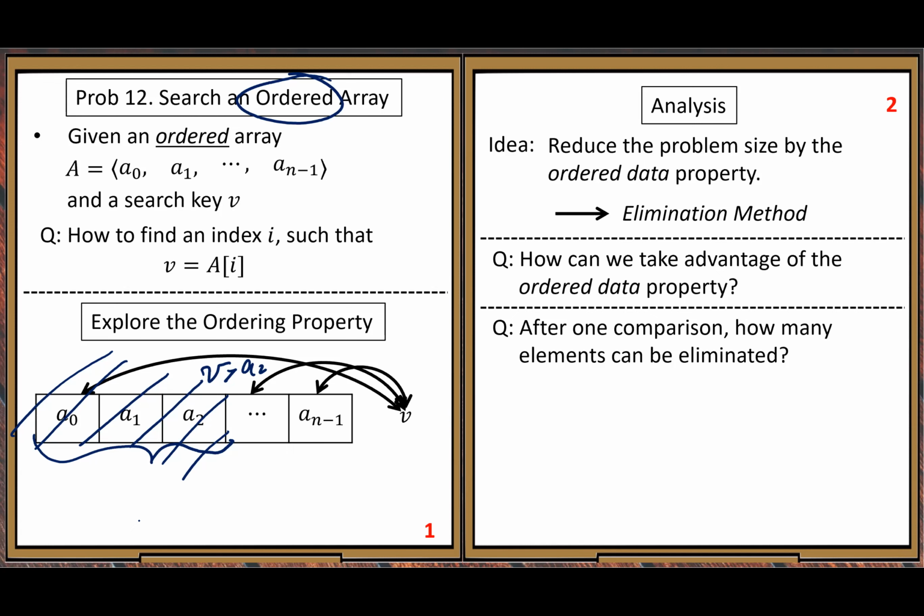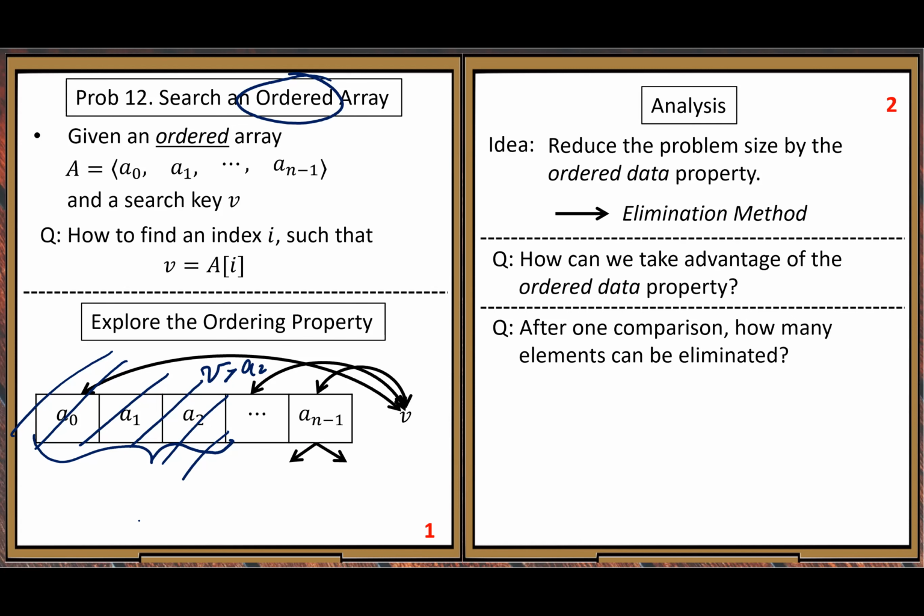Yeah, the one in the middle, because sometimes you can eliminate the left half, sometimes the right half. In the middle, the left half and right half have almost the same size. That's a nice thing. No matter whether it's in the left half or right half, it's pretty much the same size. It's a balanced way.